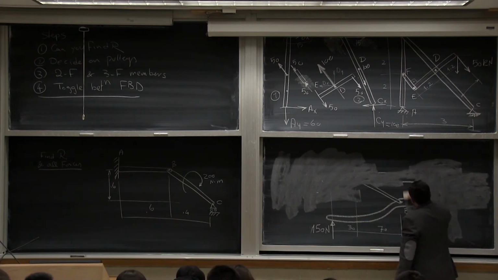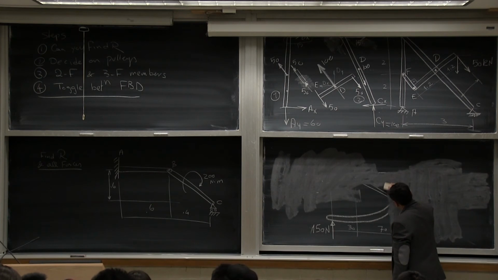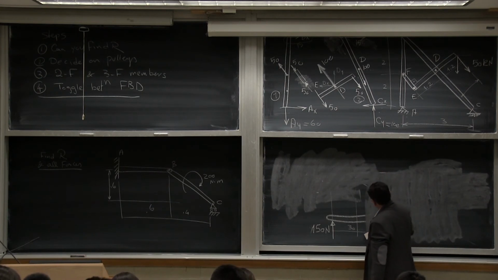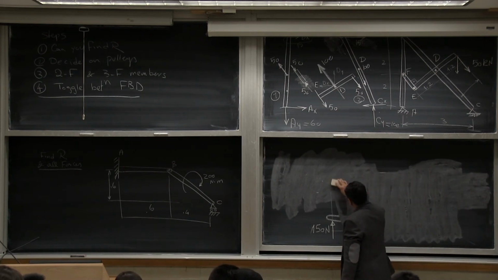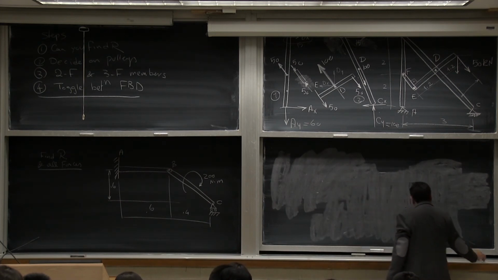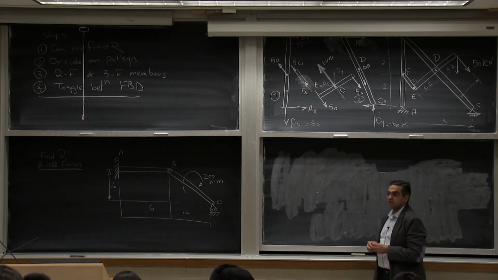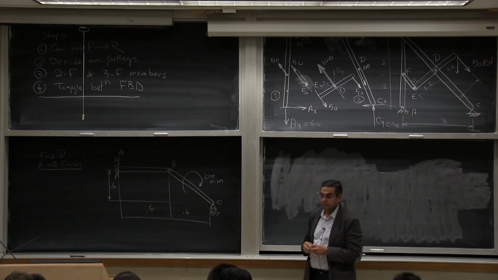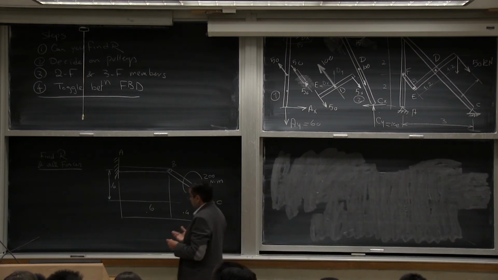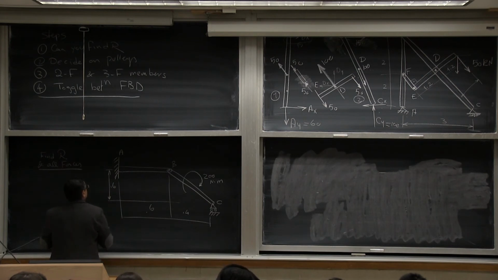So the first thing that I should do is to see if I can find the reactions. Can I find the reactions? Let's first define what the reactions are. I'll draw this free body diagram for the whole body.